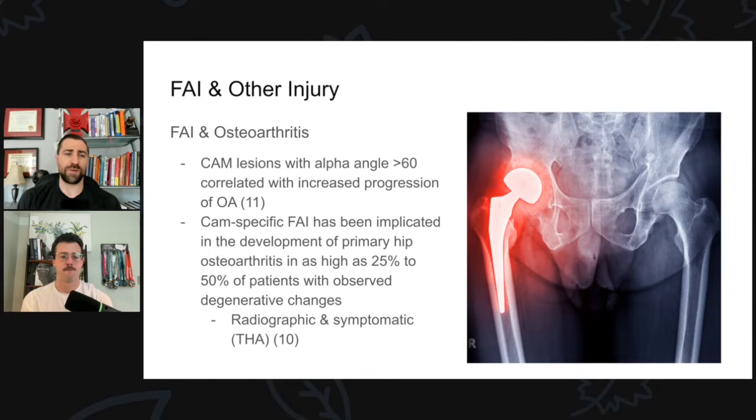Basically the counter argument is, if I have cam morphology, it may lead to more arthritis, but is that symptomatic arthritis? Most of the studies that I look at, yes, it's not only symptomatic arthritis, but they actually call it hip arthritis when folks have had a total hip replacement. So not only are they symptomatic hips, they're symptomatic enough that the person went to get a total hip replacement. So there's definitely a correlation there, right?